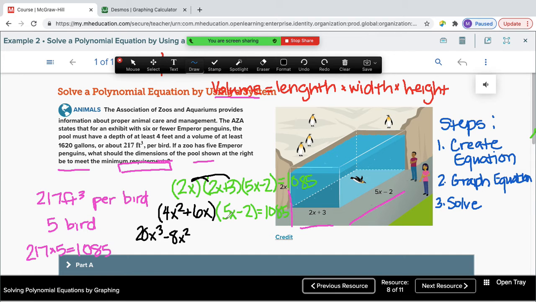Then 6x times 5x is going to give me 30x squared. And 6x times negative 2 is going to give me negative 12. And I can combine like terms here. Negative 8 and 30 is going to give me a positive 22x squared. And just bring down everything else.